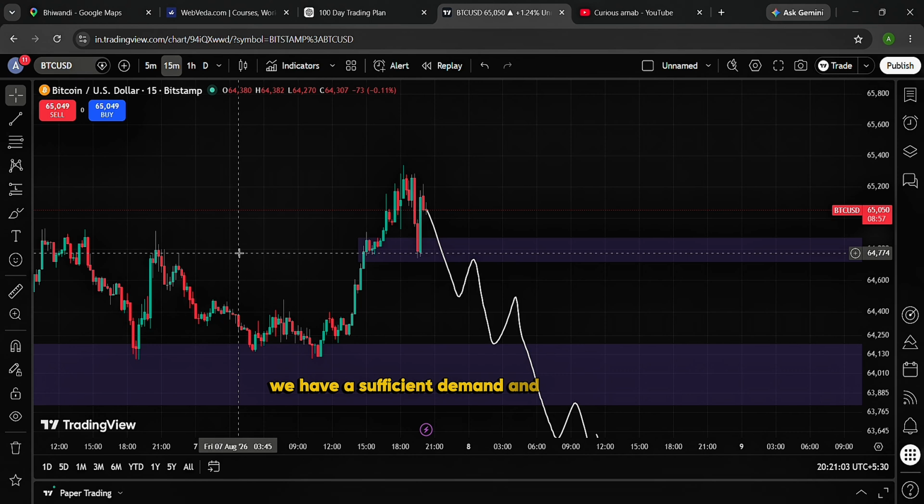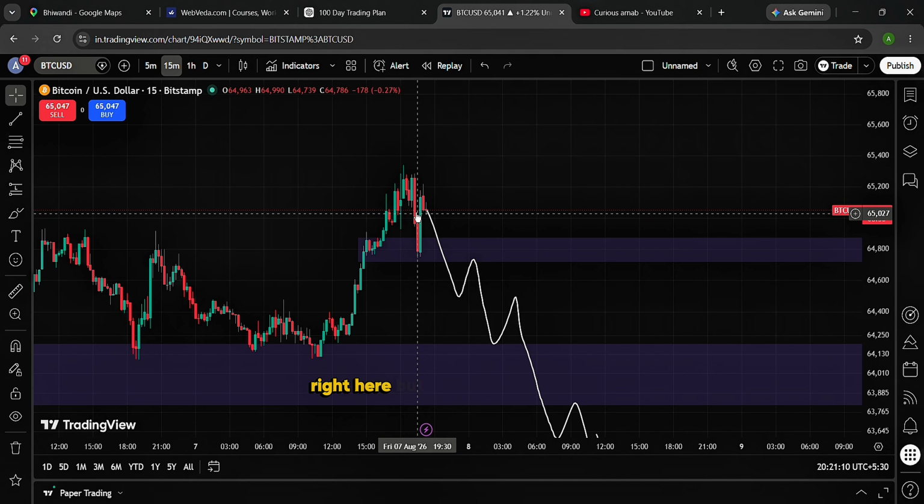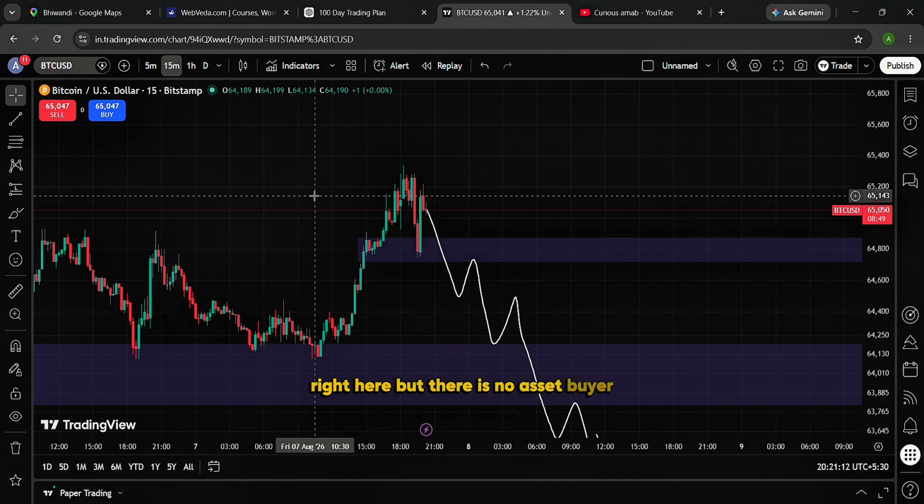But let's say I want to sell 1000 lots right here, but there is no buyer, then the price will fall. I have created a demand to you, but I have created a supply first because I want to sell.